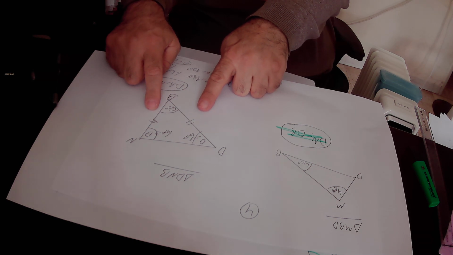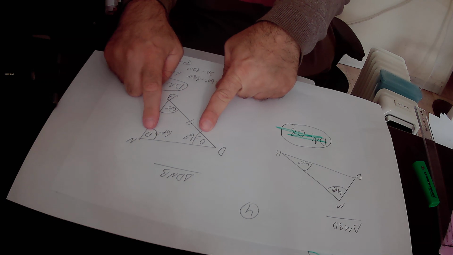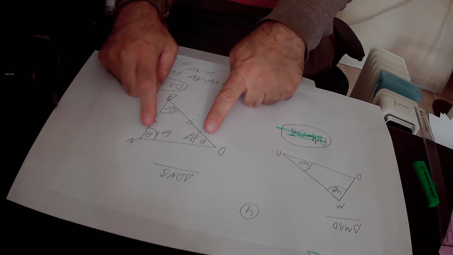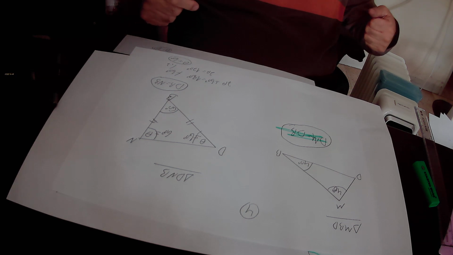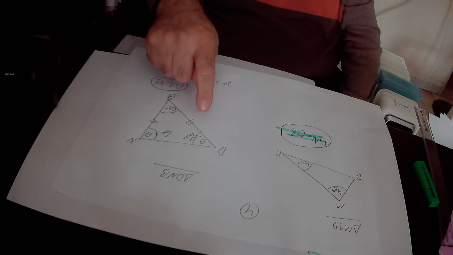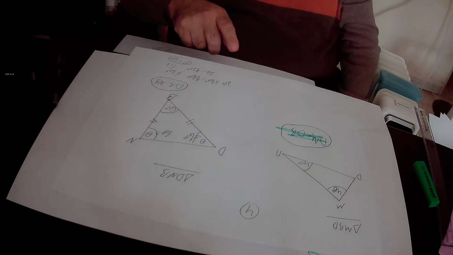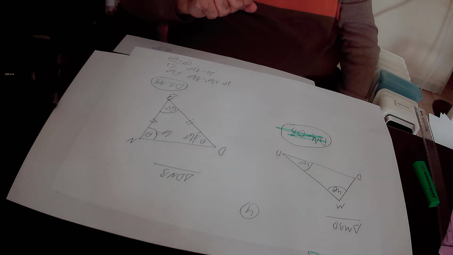Again, we have the same rule that in front of equal sides in the triangle there are equal angles. So those two angles that are located in front of the equal sides must be equal to each other. So if one angle is theta, then the other angle must be equal to theta. And the sum of the angles in any triangle is equal to 180 degrees. That is to say, 2 theta plus 60 degrees must be equal to 180 degrees.